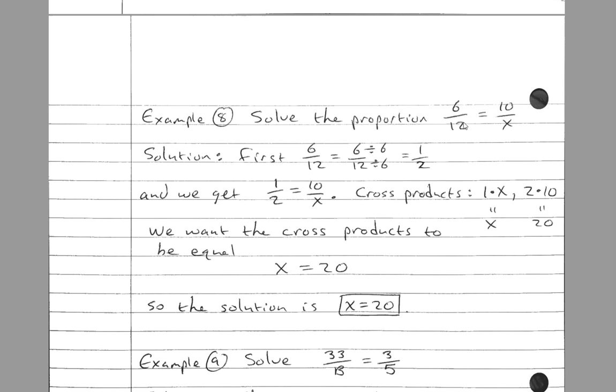Well, 6 over 12 certainly simplifies to something simple. That's just 1/2. So we get a simpler proportion we're trying to solve. Set the cross products equal. So this is 1 times x, and this is 2 times 10.